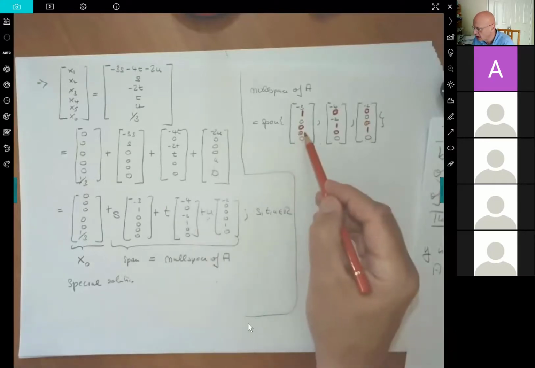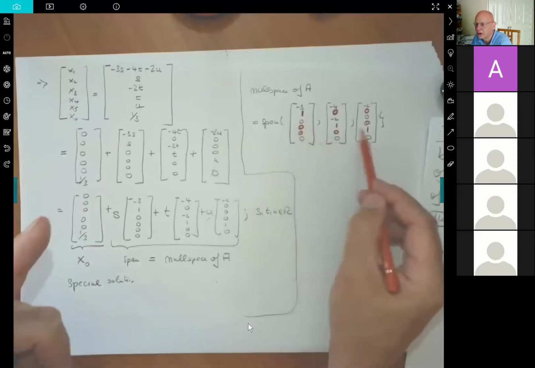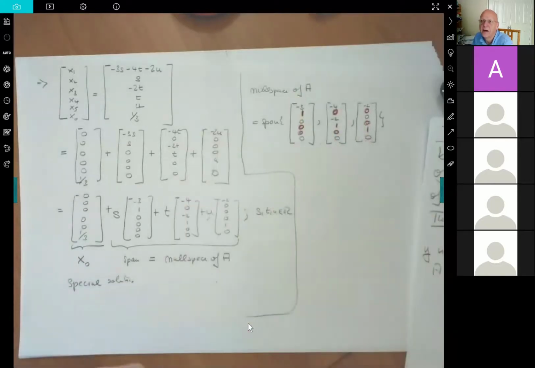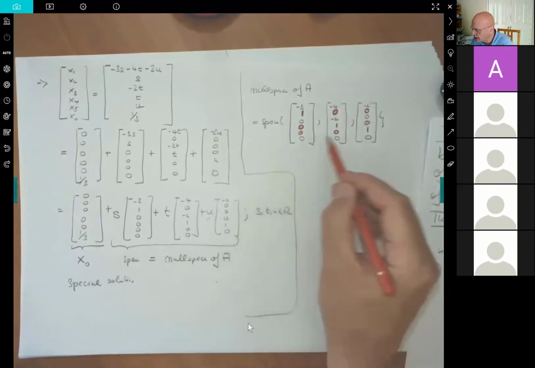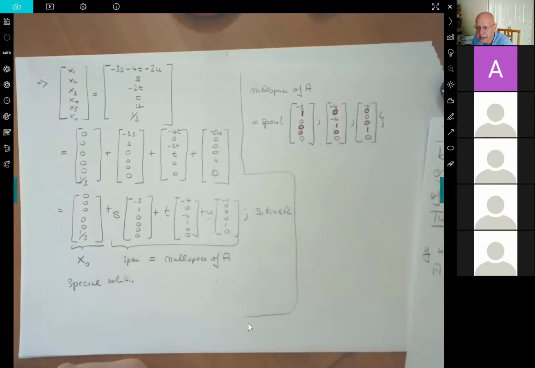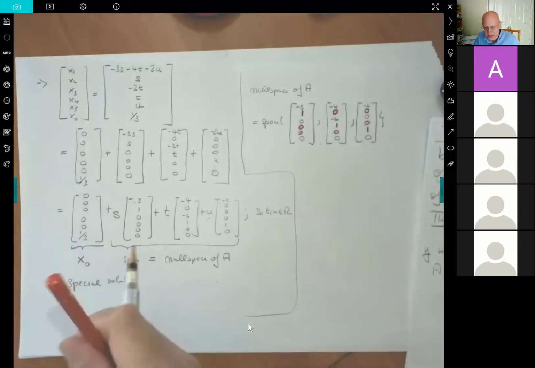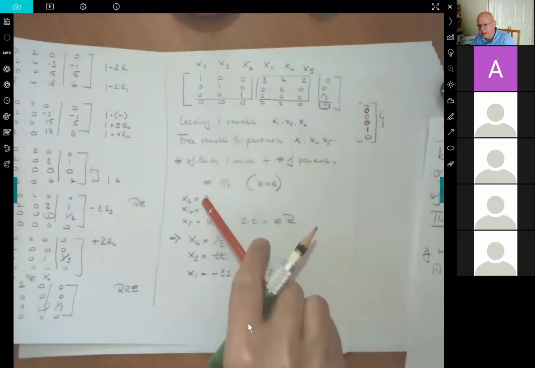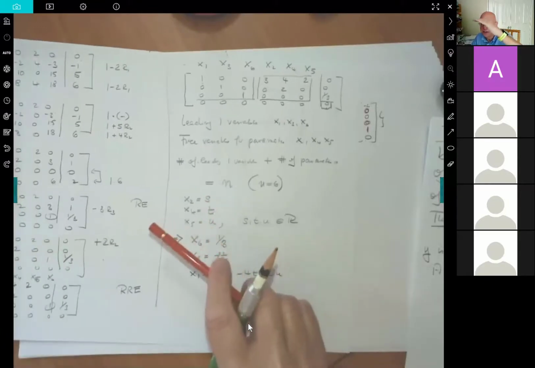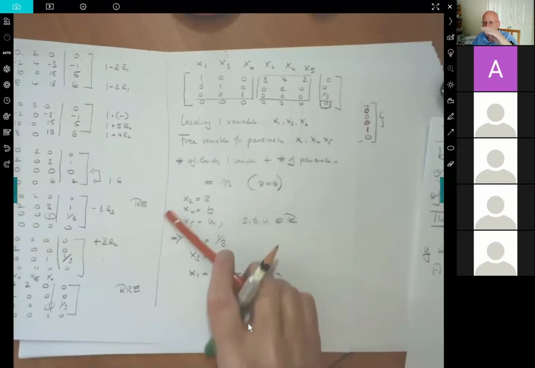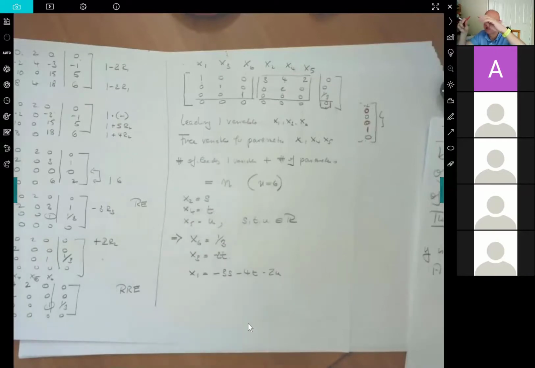So it turns out not only that these three vectors span the null space, they are also automatically linear independent, which means this is a basis of the null space. And again, how did we do this? Because that's how we make it. We give a parameter to the different rows. That means in the end, you will always get in your long vectors for these rows an identity matrix, which makes it automatically linear independent.